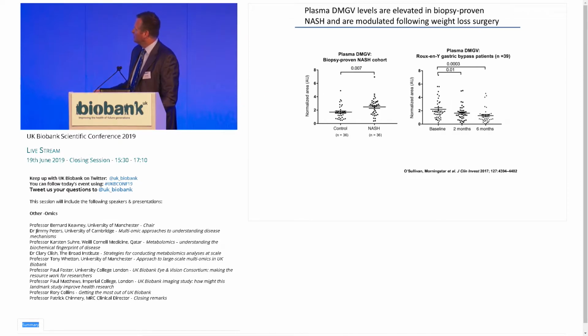So then we were able to make a targeted methodology just to measure DMGV and then do cross-sectional analyses of other people. Looking at people who had biopsy-proven non-alcoholic steatohepatitis, DMGV is elevated in their plasma. And in a separate group of people who were undergoing Roux-en-Y gastric bypass surgery for weight loss, we see that DMGV levels drop as a function of time following surgery.